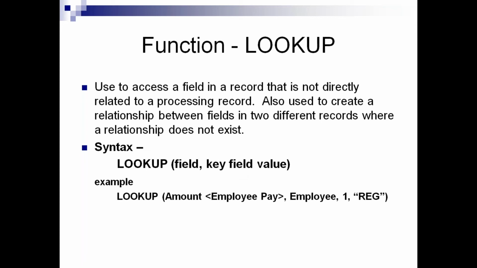So again, look up, go find this field that I want to get, and this is how you get to it. So those key field values, they either have to exist on the driving record, or you can type them in.